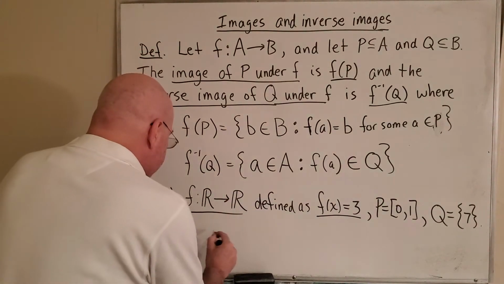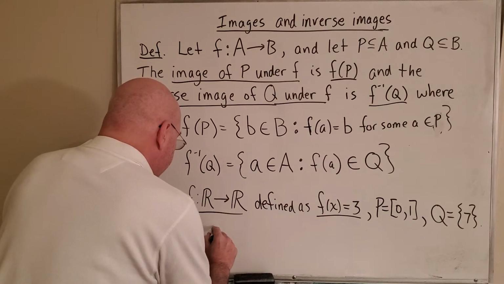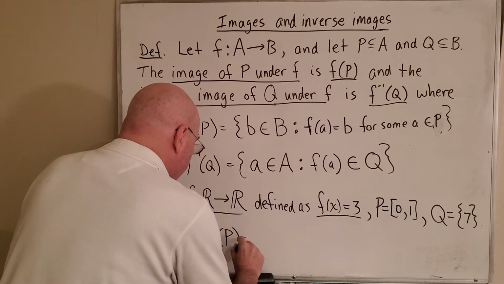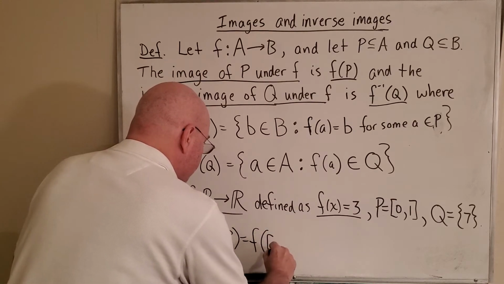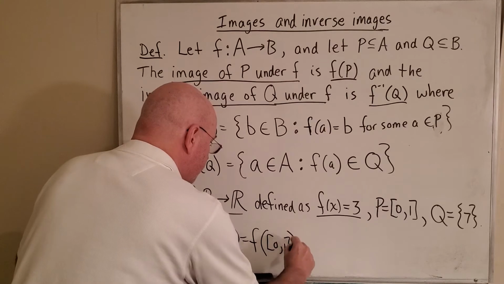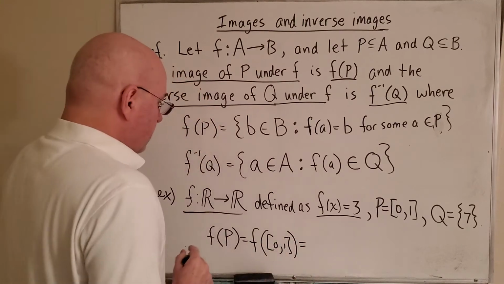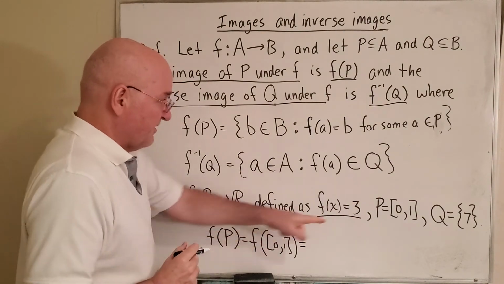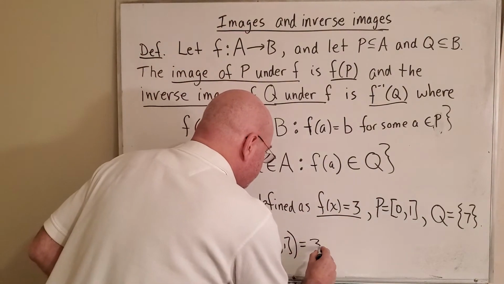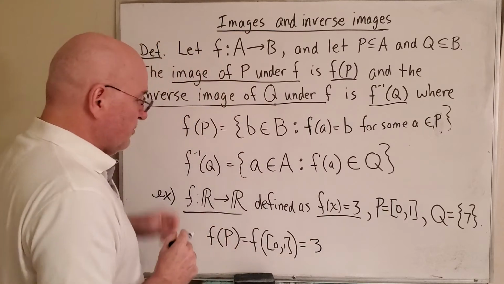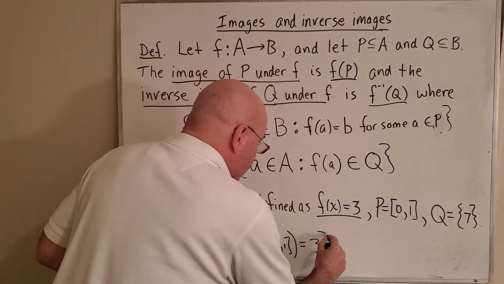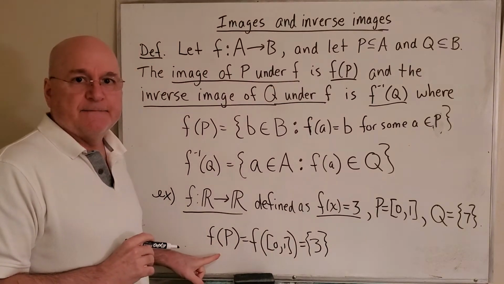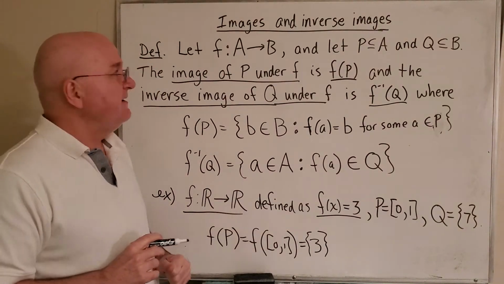So what is the image of P? Well, it's the image of the interval from 0 to 1. Every single number in here gets mapped to the same number, 3. So this really is supposed to be a set, so I'm going to put it in squiggly brackets. The image of P is the number 3.